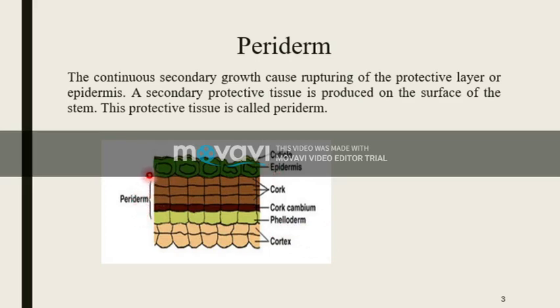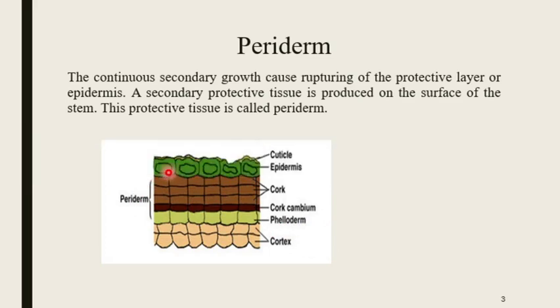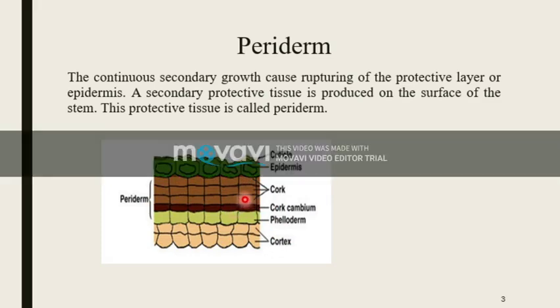Here is the epidermis, on which cuticle is present, then cork, cork cambium, phelloderm and cortex. First of all, the cork cambium will form. It is meristematic in nature. It forms tissues on the upper side of it and the lower side.